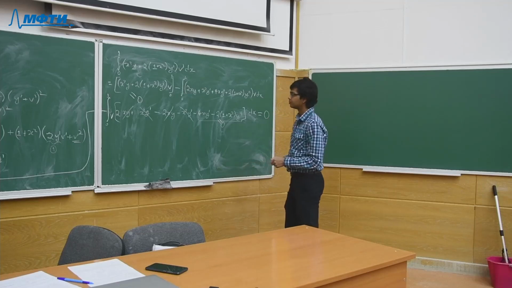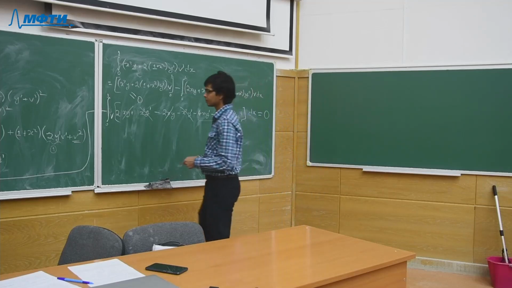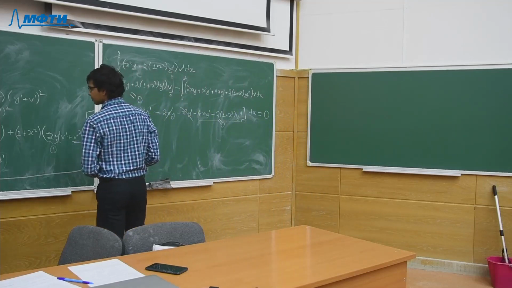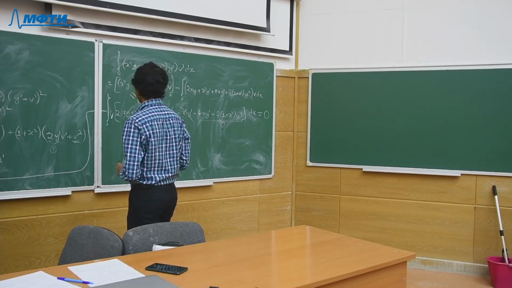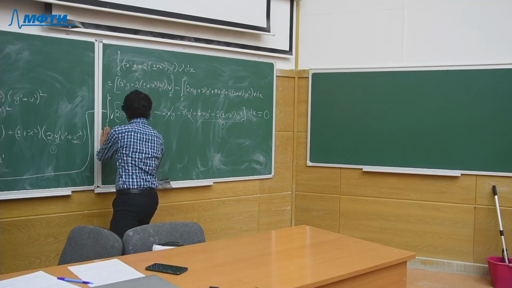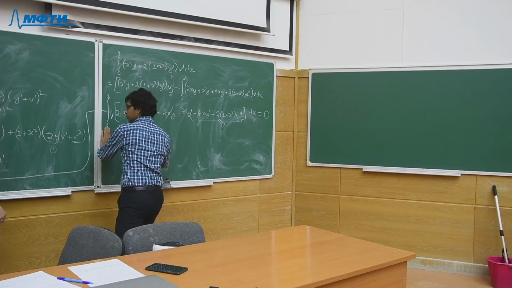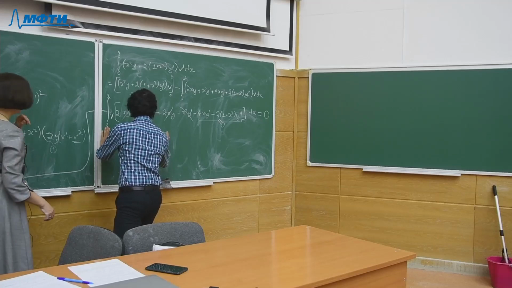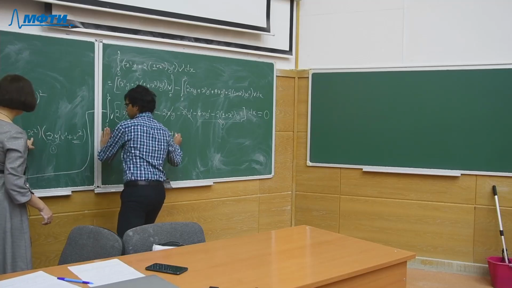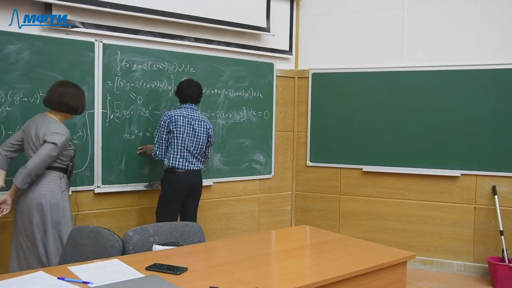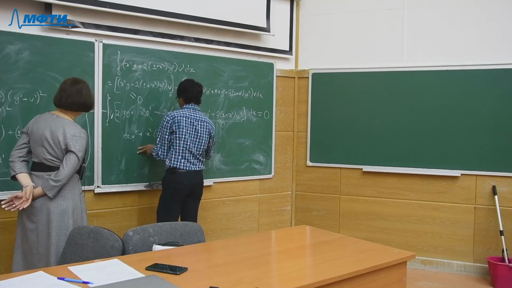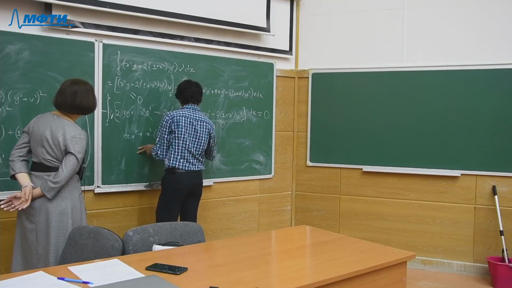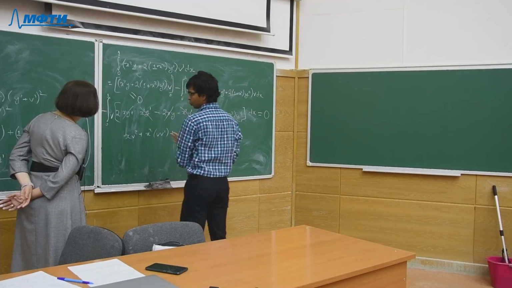And we have some positive part. We must prove that it is positive: x times v squared plus x squared v prime, and plus 1 plus x squared times v prime squared, and we must prove that it is positive for any function v.